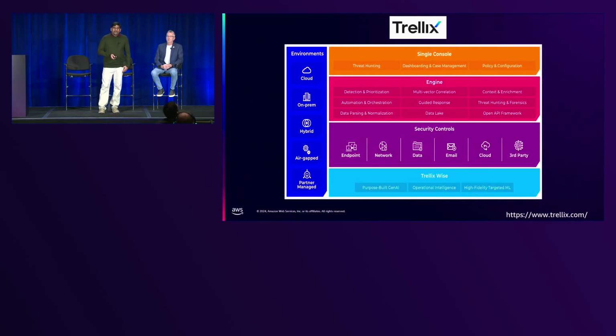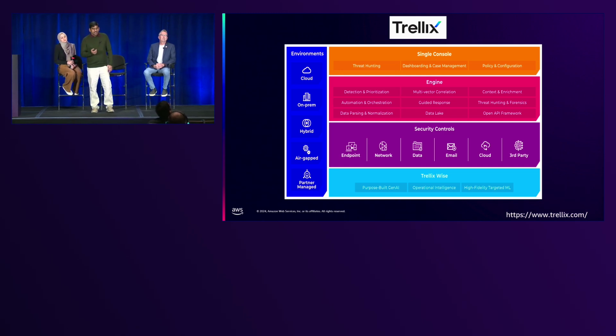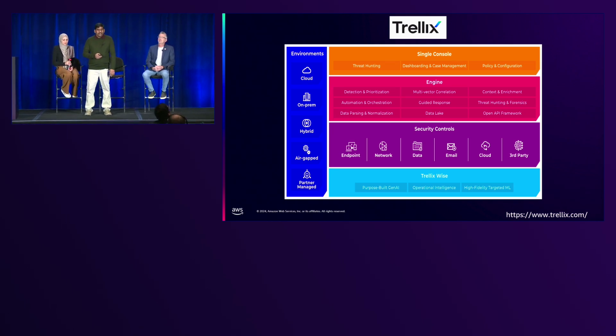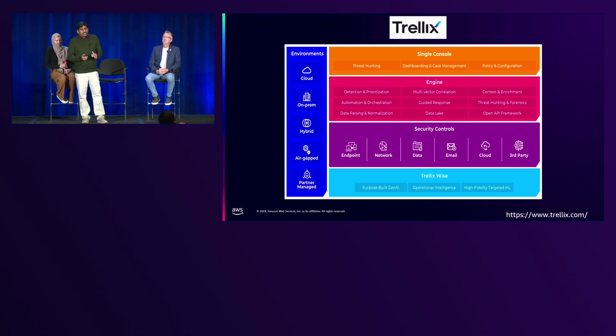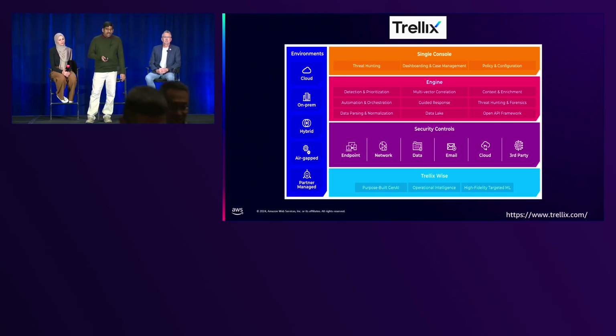This will emphasize why security needs a platform, right? You could see here there are many security controls like endpoint security, network security, email security, data protection, cloud, third party, and they operate in many environments like cloud, on-prem, hybrid. So to consolidate all these events, add intel to them and make them actionable alerts, we need something on top with a console which will provide dashboarding, case management, policy, threat hunting, all those options.